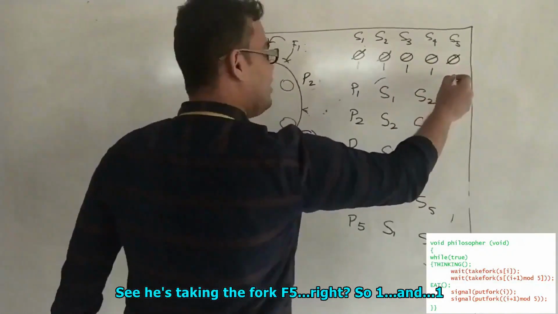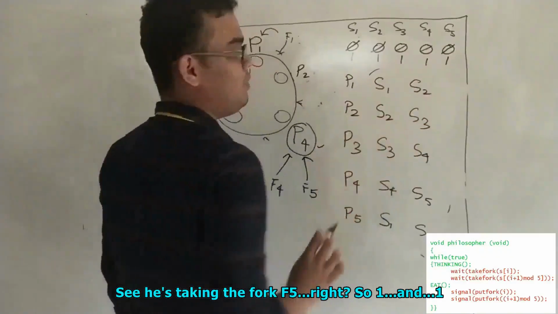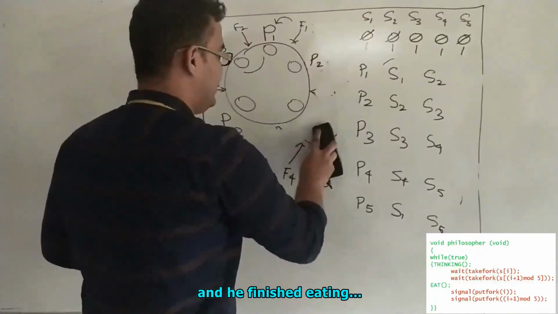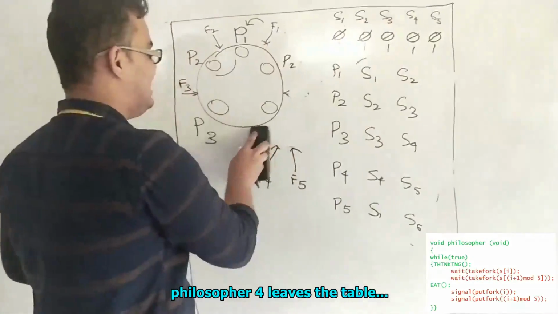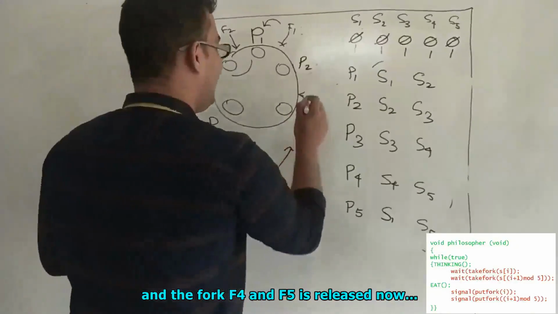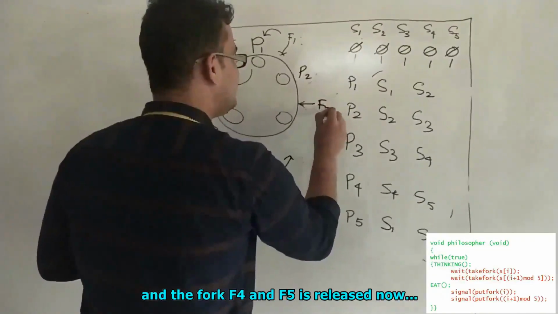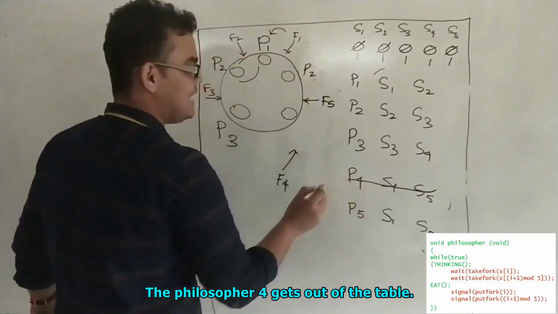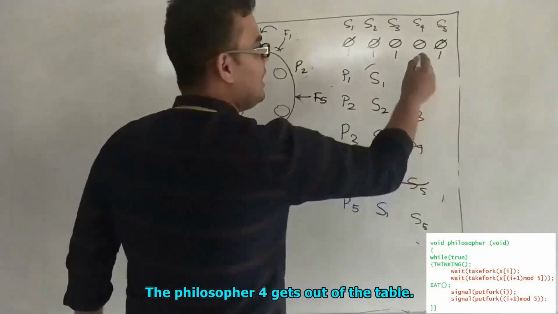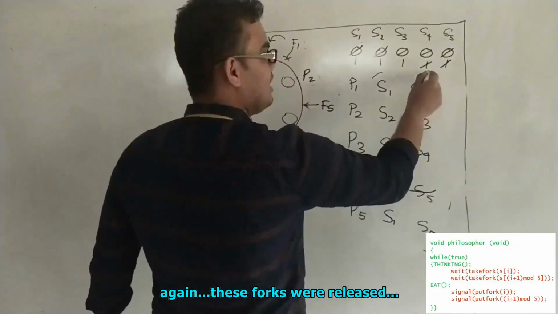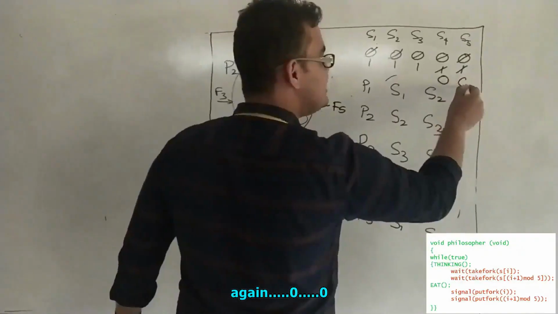He starts eating and finishes eating. Philosopher 4 leaves the table and the forks F4 and F5 are released now. Again, the forks were released: 0, 0.